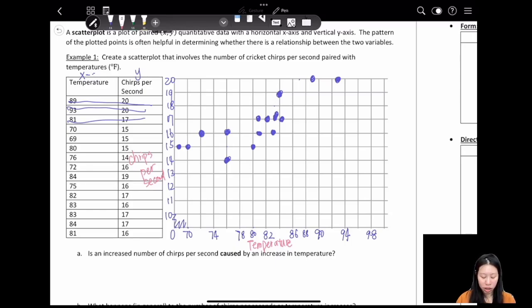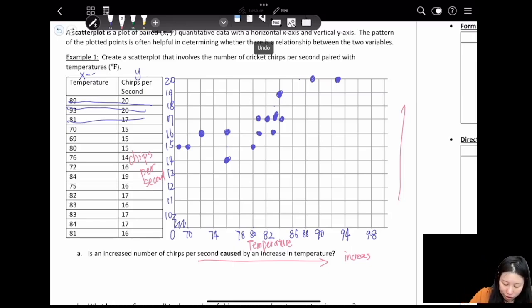An increase in temperature is from the left to the right. That's increasing in temperature. From the bottom to the top, that's the increase of chirps per second. Okay, so is it caused by anything?